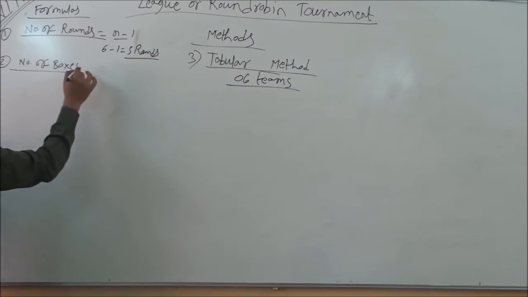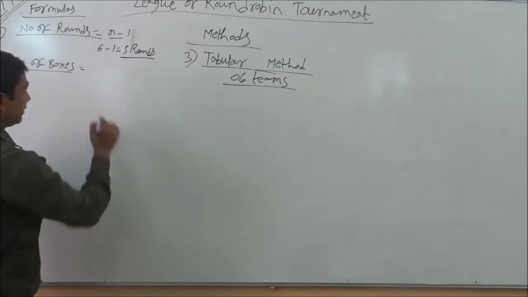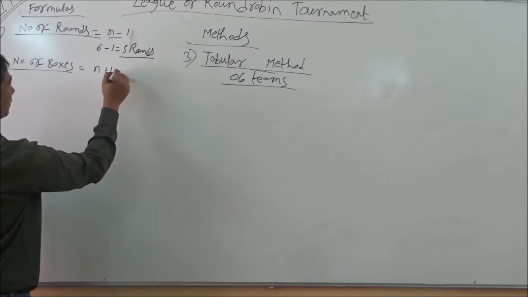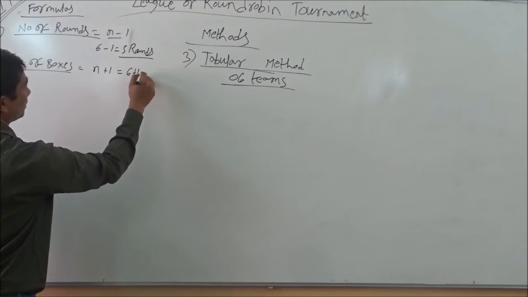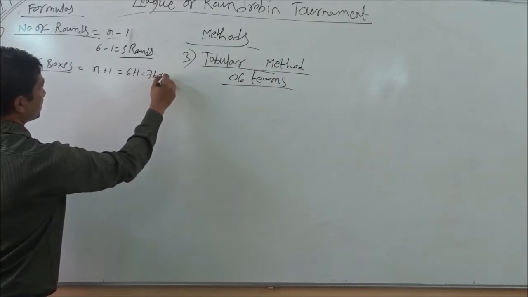Next formula, number of boxes. 6 is an even number, so n plus 1, that means 6 plus 1, it becomes 7 boxes.